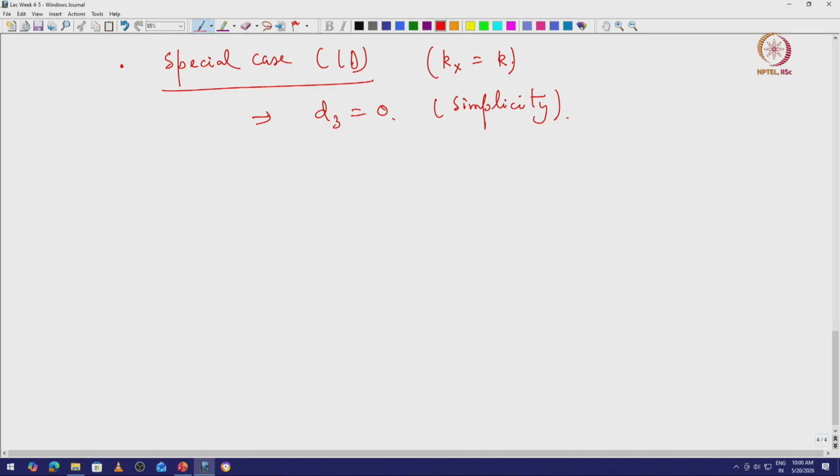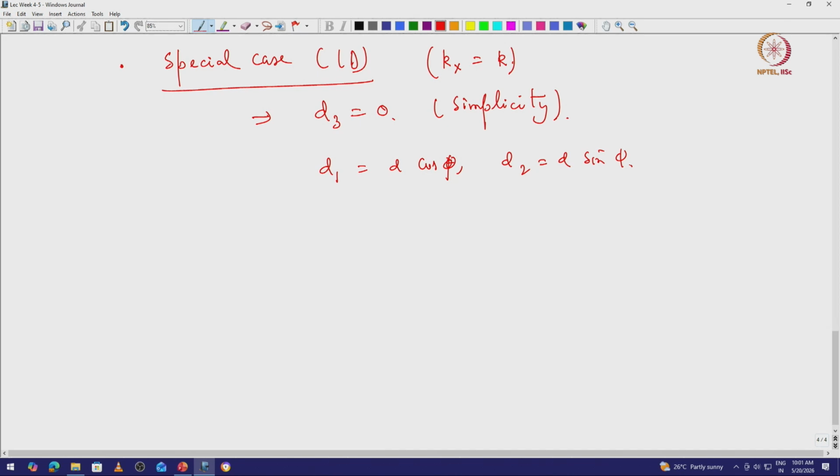Having D3 makes things complicated and also makes a few things intuitively physically different, and we will talk about that. Right now we set that. So, we just have D1, which we write as D cos phi, and D2 equal to D sin phi.